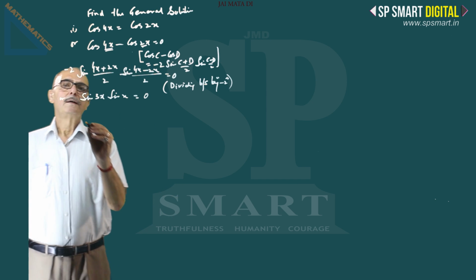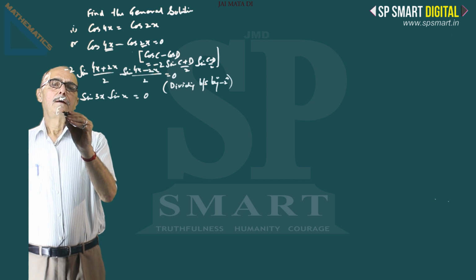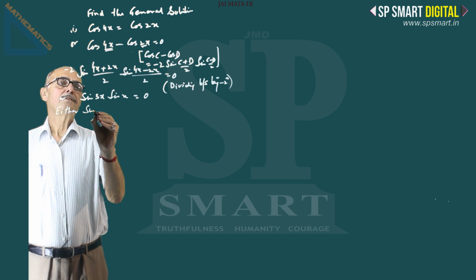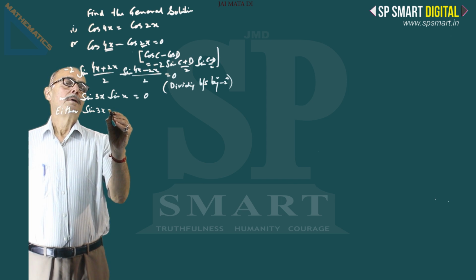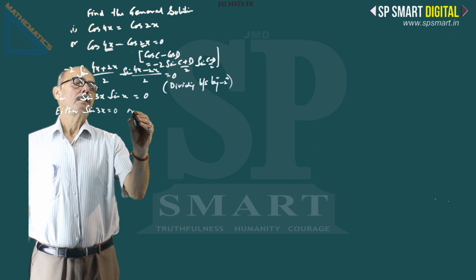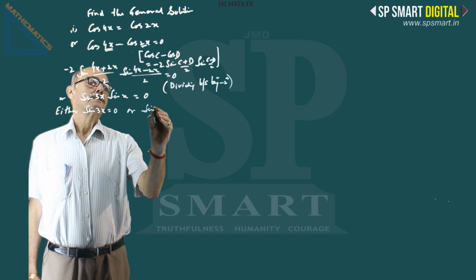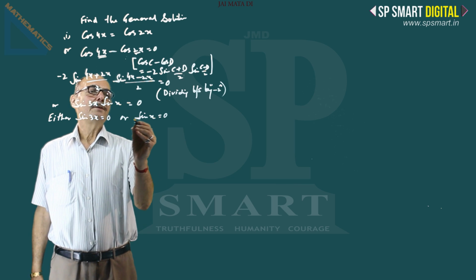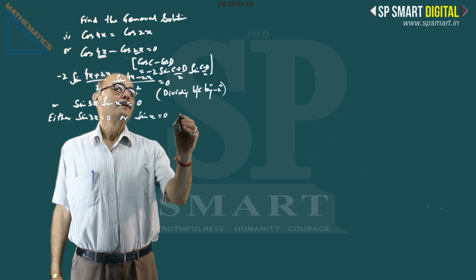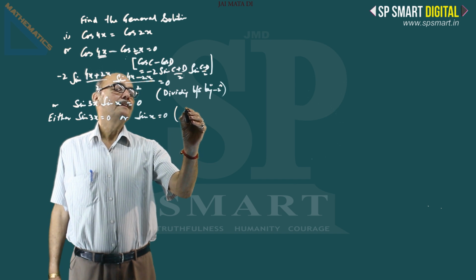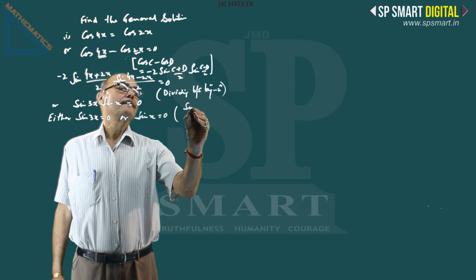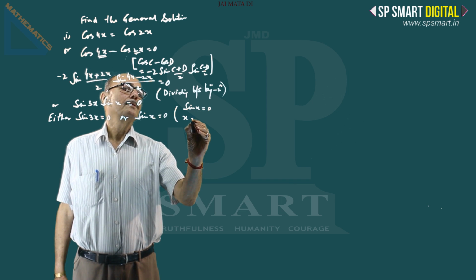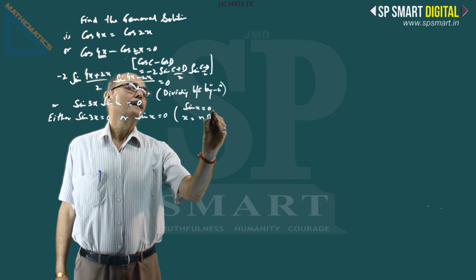So, either sin 3x is 0 or sin x is 0. Either we have sin 3x equal to 0 or sin x is 0. We make use of this result, that if sin x equal to 0, then x equal to n pi.